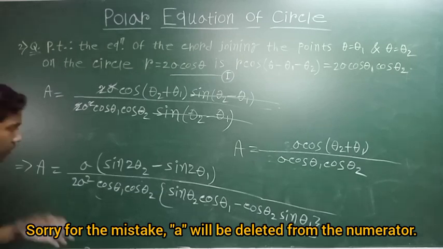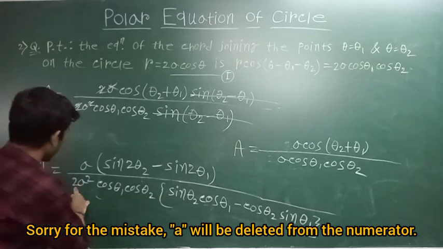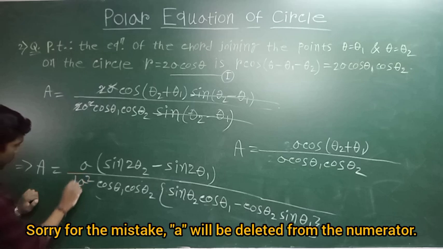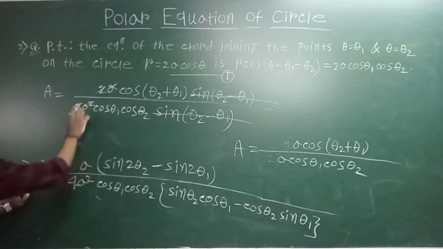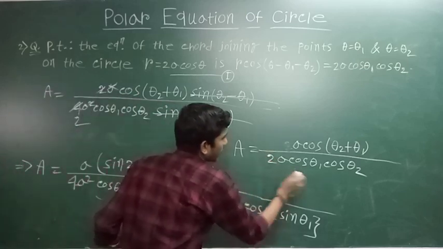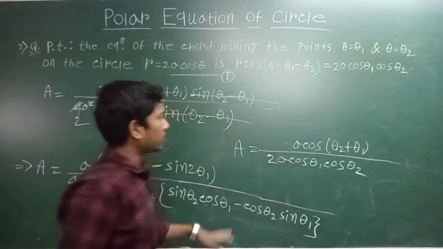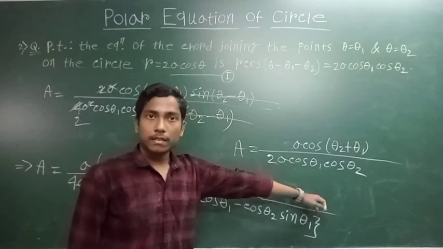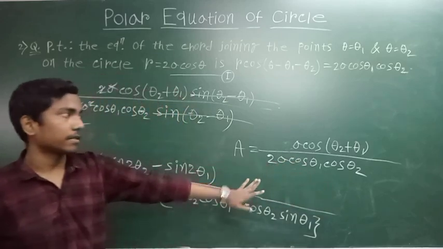Sorry, I think there was one more 2 here. So this is 4 and this is also 4 and this becomes 2. So we get 2a cos theta 1 into cos theta 2. So A is equal to a cos (theta 2 plus theta 1) divided by 2a cos theta 1 into cos theta 2.